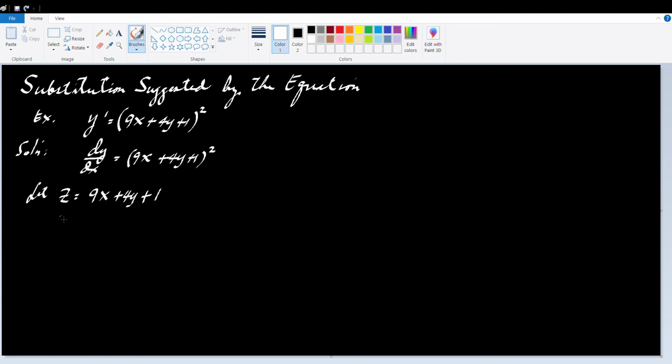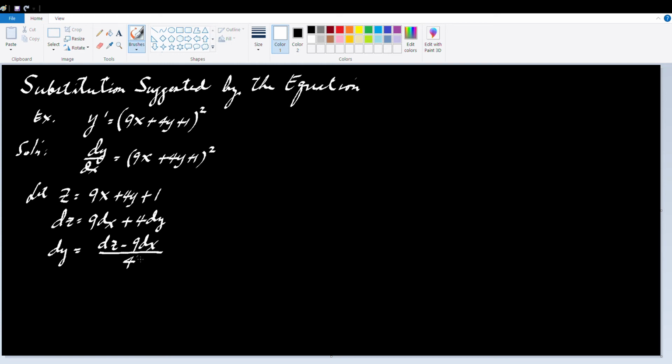So taking the differential of both sides, we have dz equal to 9dx + 4dy. Let us solve for dy. dy is equal to (dz minus 9dx) all over 4.